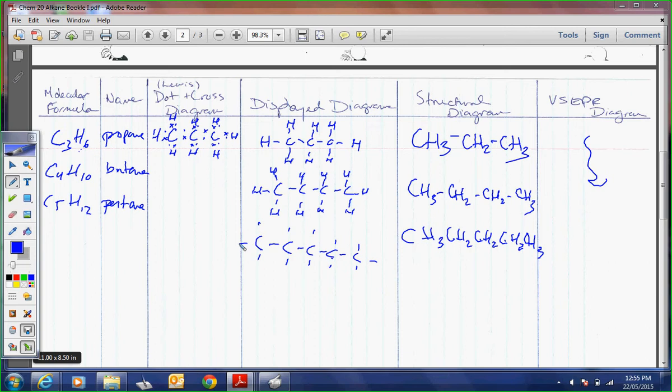And I will say to you, there's three sure things in life. Death, taxes, and four bonds to carbon. Okay? You will die, you will pay tax, and there's always four bonds to carbon. Even in graphene.